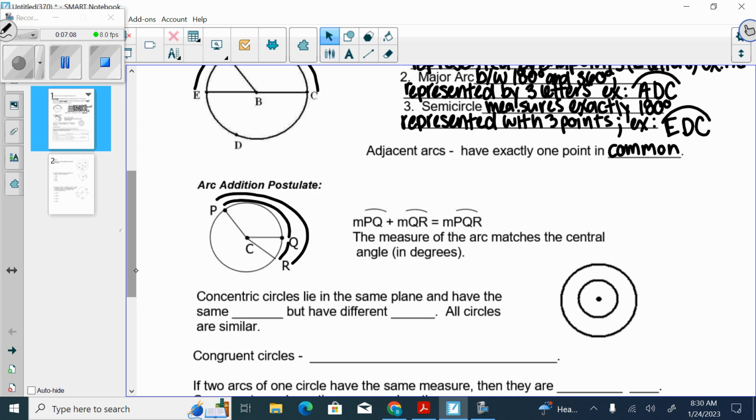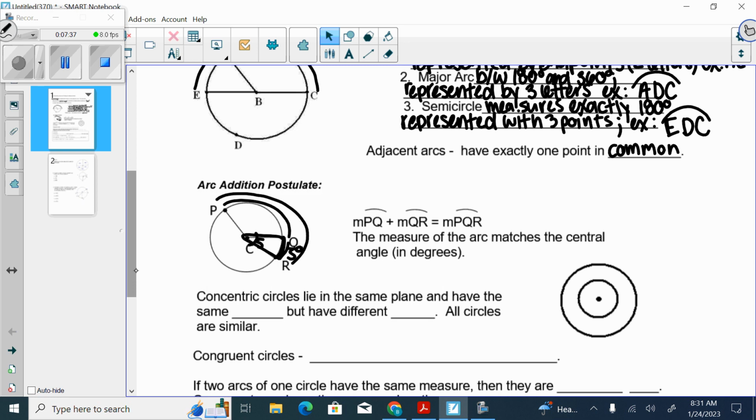The measure of the arc matches the measure of the central angle in degrees. So if they told you that this angle was 5 degrees, then this arc out here is also 5 degrees. They have the exact same measure. So central angles and arcs have the same measure.